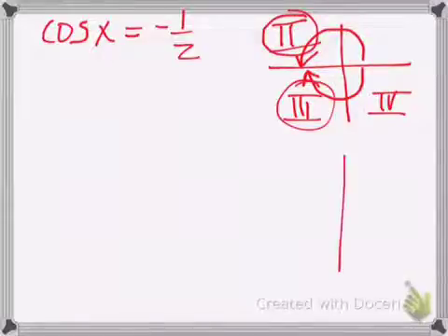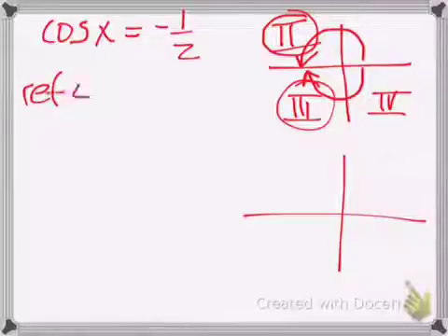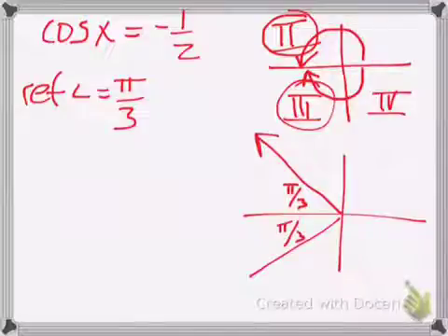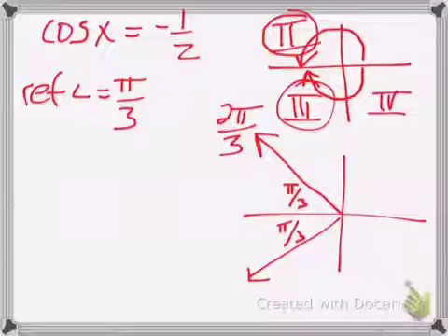So what's the reference angle for cosine x equals 1/2? My reference angle is pi/3. And I'm going to put that in quadrant 2 and in quadrant 3. And this will be 2 pi/3, correct?